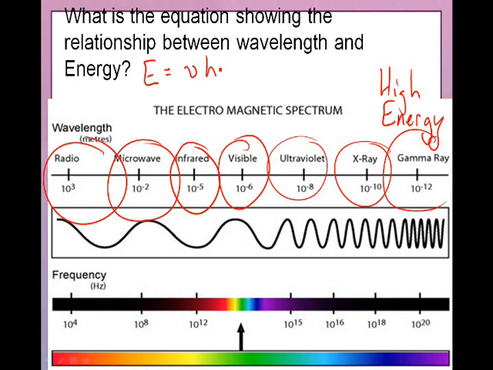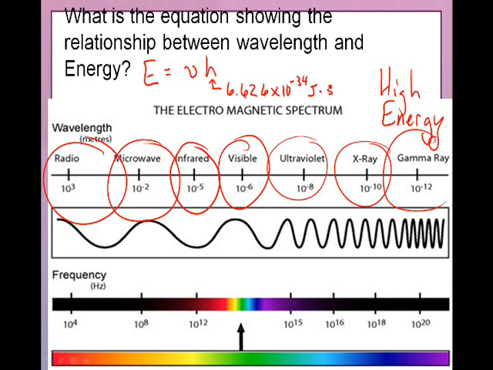The constant is known as Planck's constant, and Planck's constant is this value of h, and it's on your AP equation sheet, so don't worry that you have to memorize it, but it's 6.626 times 10 to the negative 34, one of the smallest numbers you'll regularly use in chemistry class. 6.626 times 10 to the negative 34 joules times seconds.